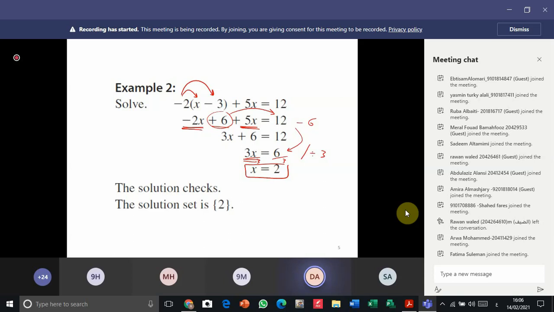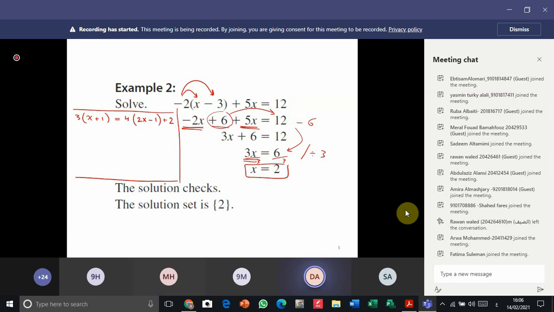Okay. Another example, if we have like this: 3 multiplied by x plus 1 equals 4 multiplied by 2x minus 1, plus 2. So we have 2 brackets and we need to solve the linear equation.